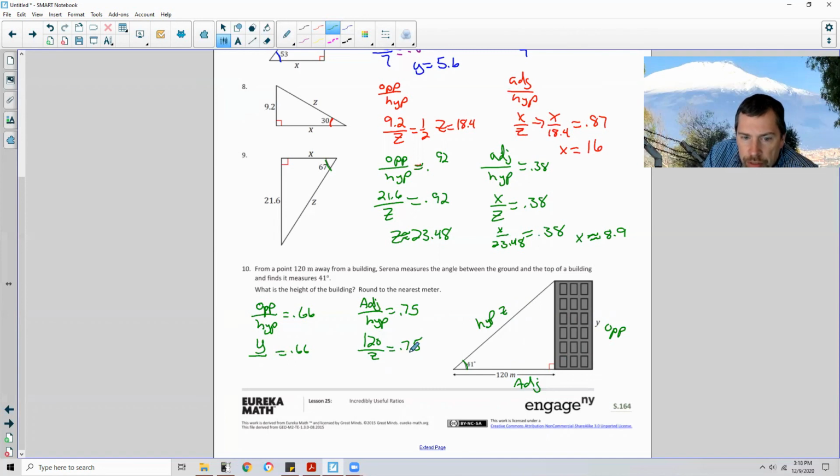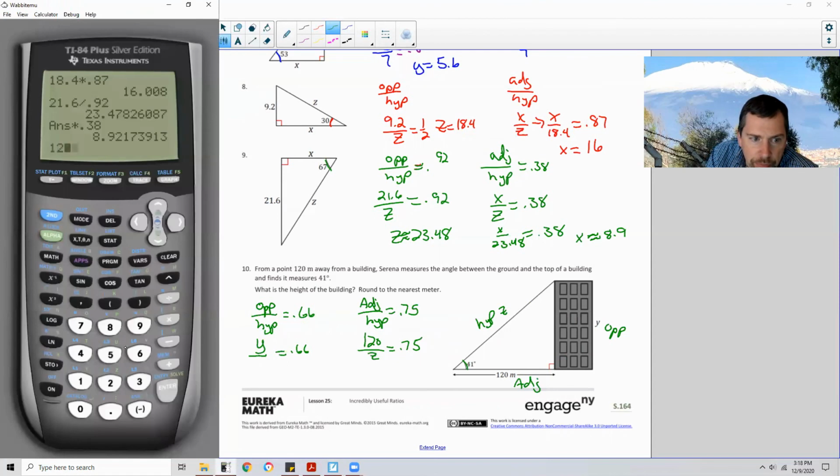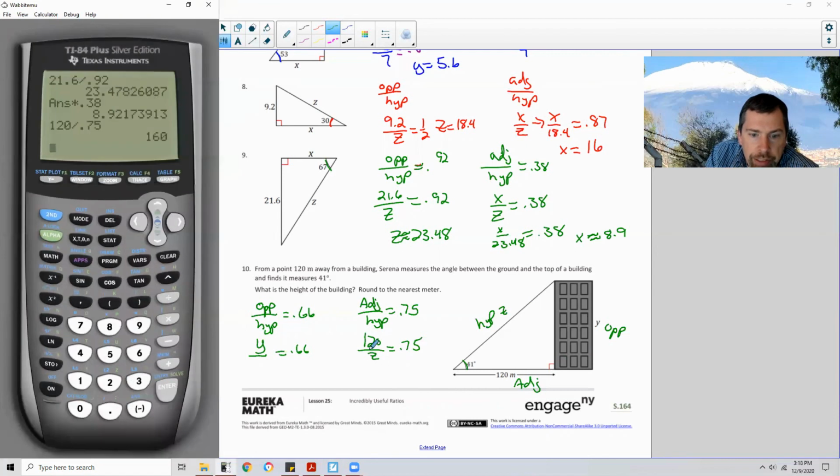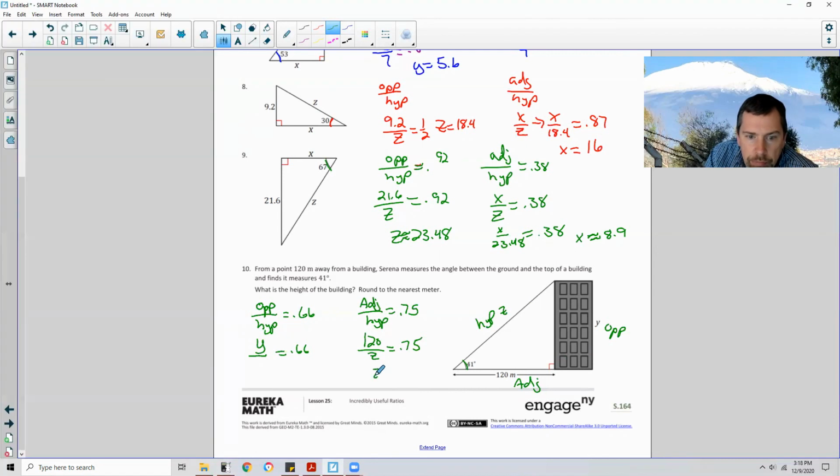So I have 120 over z equals 0.75. And when I cross multiply, I get 0.75 z equals 120. Divide both sides by 0.75. So really what we're doing is taking 120 divided by 0.75, and I get 160. There's my z. So I can put that over here.